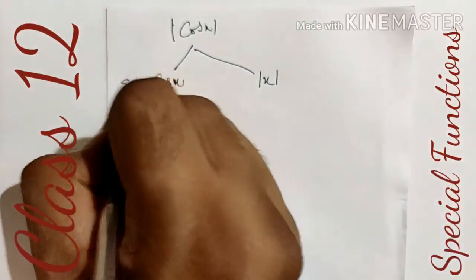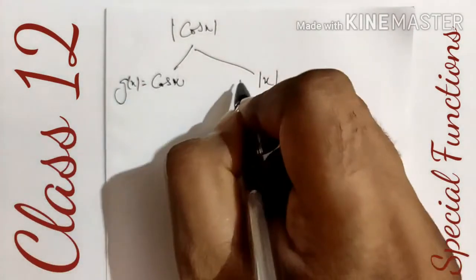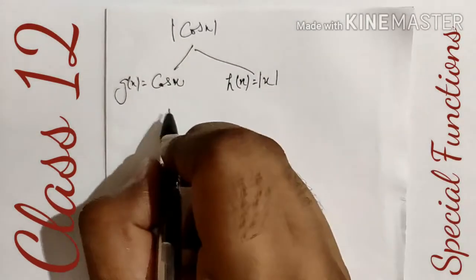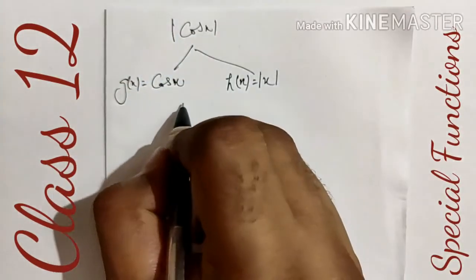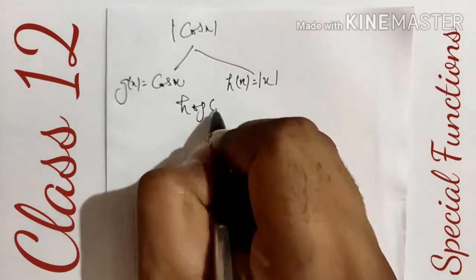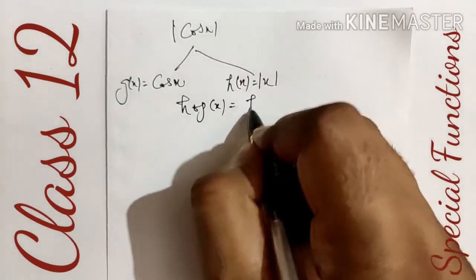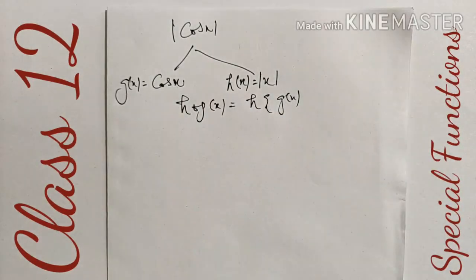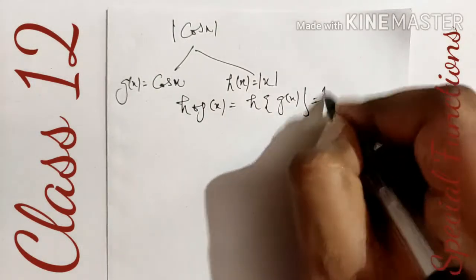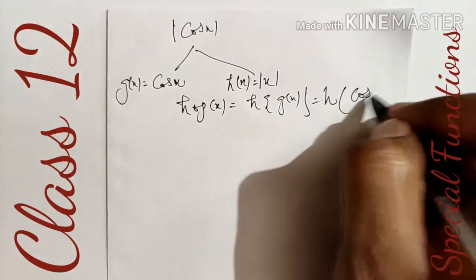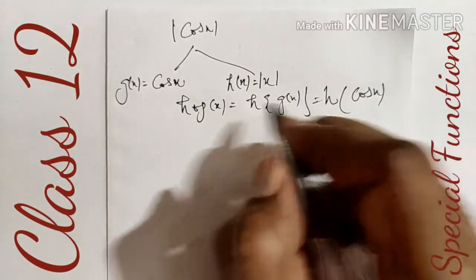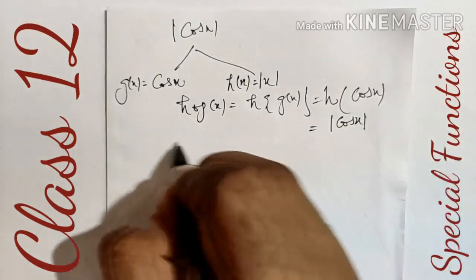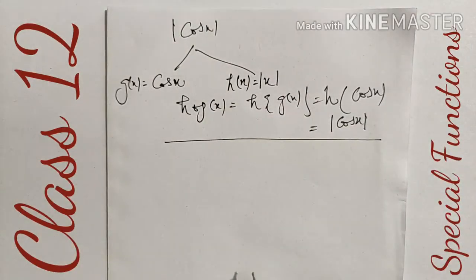So we have to choose two functions, g of x and h of x. Modulus comes outside, so it should be on the left hand side. So h is outside, g of x is cos x, and the h function indicates the modulus of the value, so it becomes modulus of cos x. Like this we can identify the group of two functions.